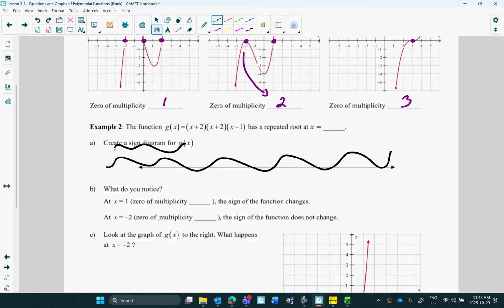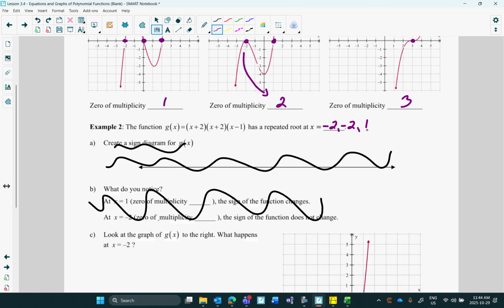Notice the x-intercepts here, or the zeros, are -2, -2 again, and 1. That's what we call a repeated root or a repeated solution. It happened twice. I mean, normally we don't write them twice.